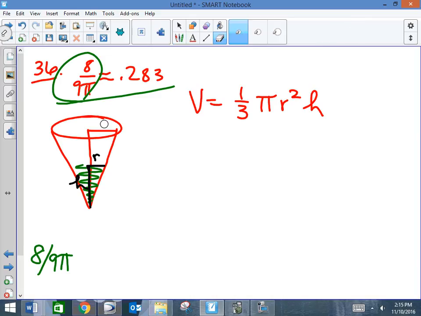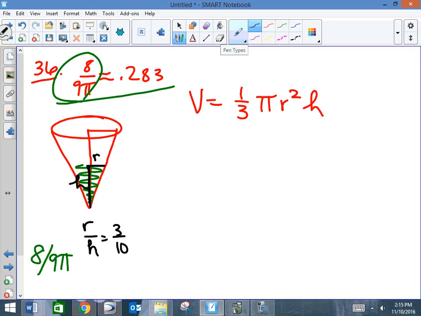It's 0.23. Oh, I did it right. Okay, do we need to do this? No, I think I... Okay. You gotta do a proportion down here, right? R to H is 3 to 10. I know what I did wrong, but you did 10 thirds wrong.